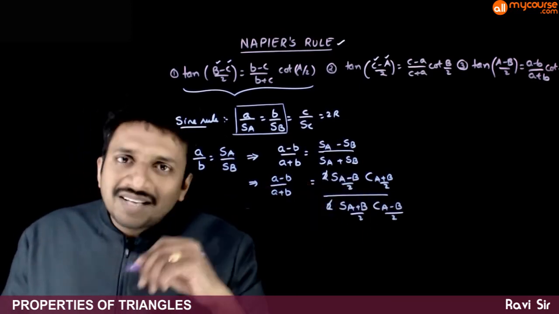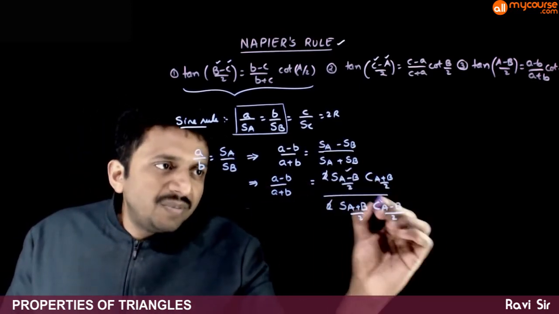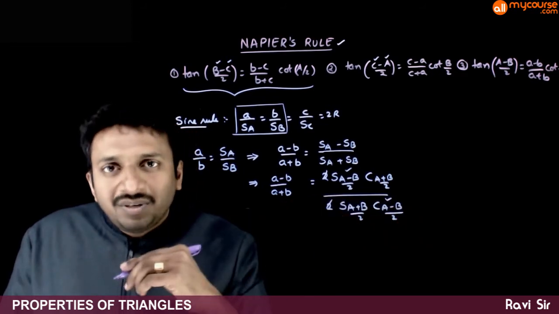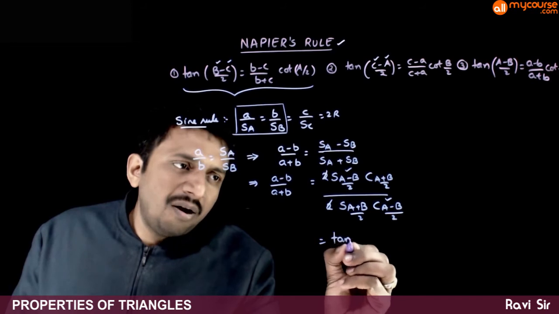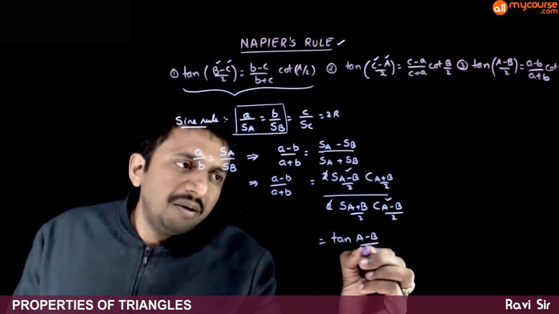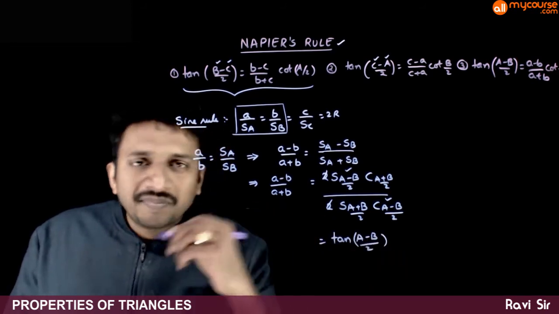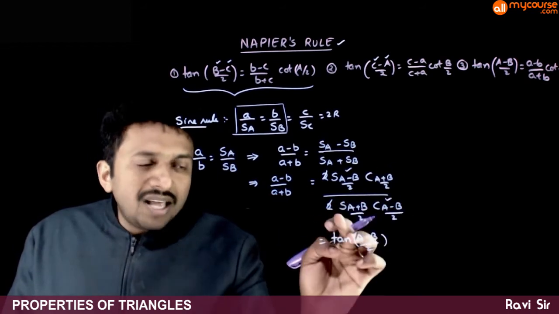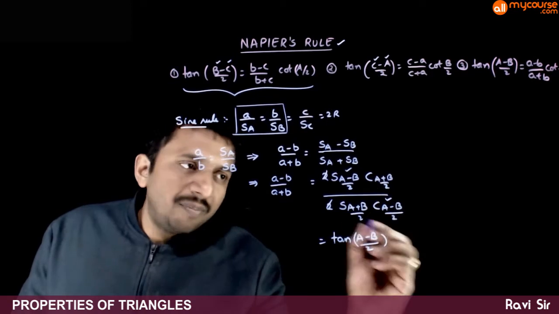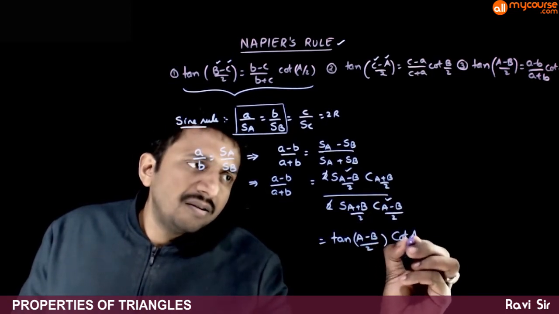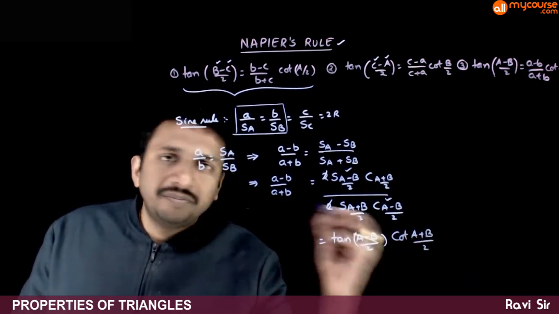This 2 and 2 get cancelled. Sin (A − B)/2 by cos (A − B)/2 is tan (A − B)/2. And what is cos (A + B)/2 by sin (A + B)/2? This is cot of (A + B)/2.